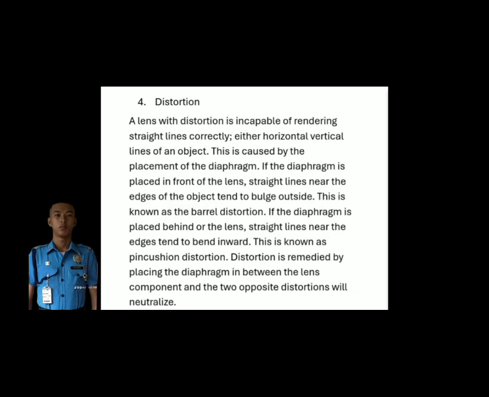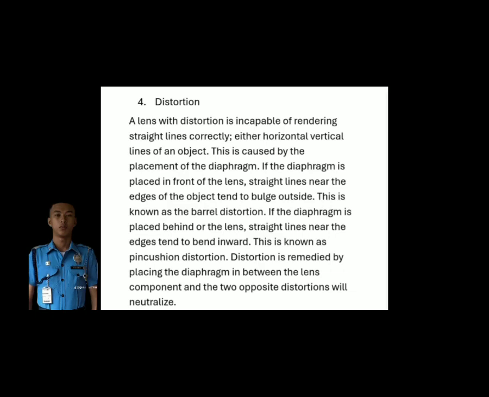This is known as barrel distortion. If the diaphragm is placed behind the lens, straight lines near the edge tend to bend inward. This is known as pincushion distortion. Distortion is remedied by placing the diaphragm in between the lens components, and the two opposite distortions will neutralize.